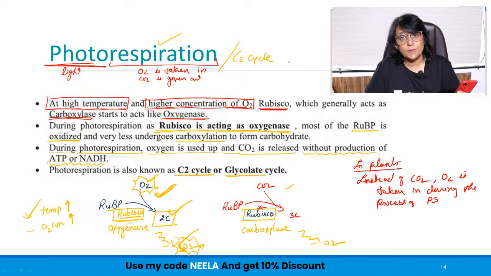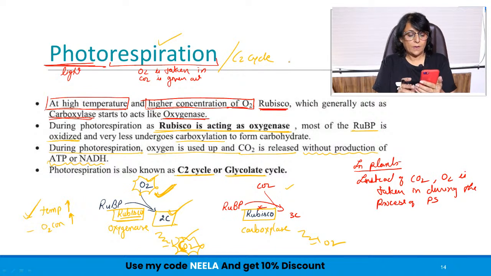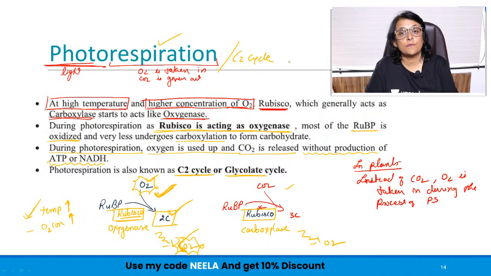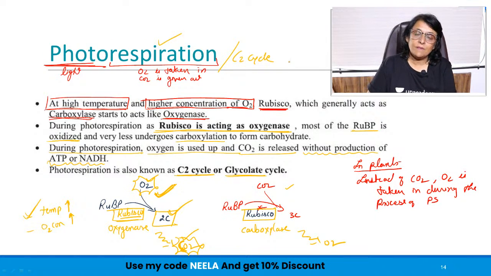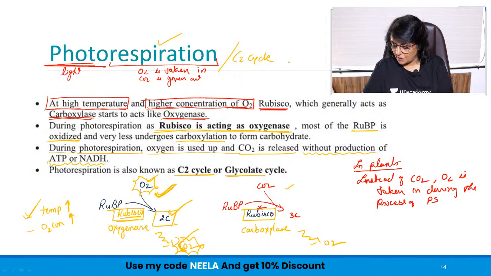And yes, I will be taking the complete chapter. It is going to go chapter by chapter. Right now I've started with principles of inheritance, and then we will talk about DNA replication and so on, one by one.